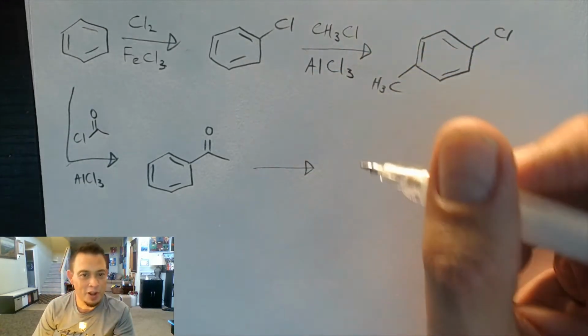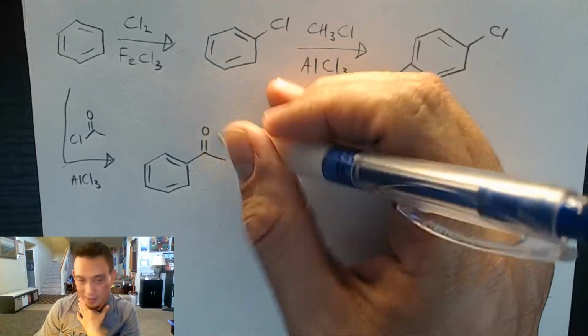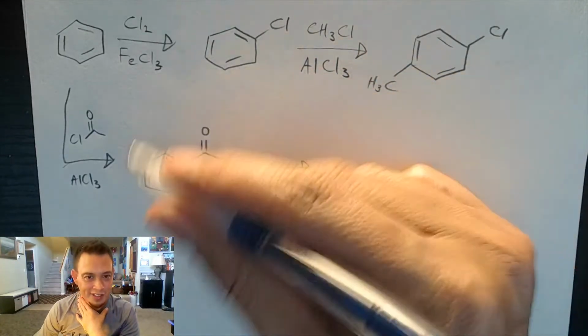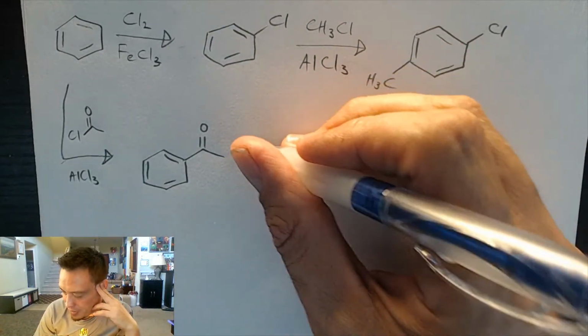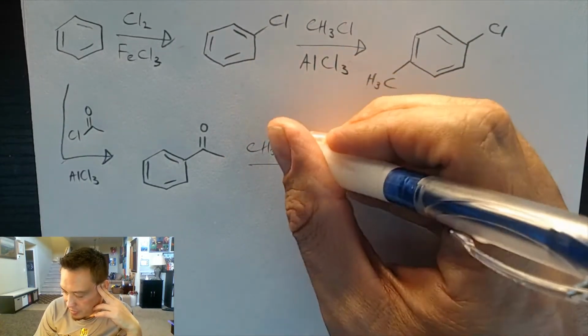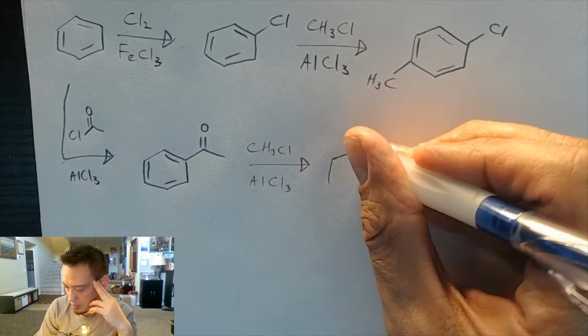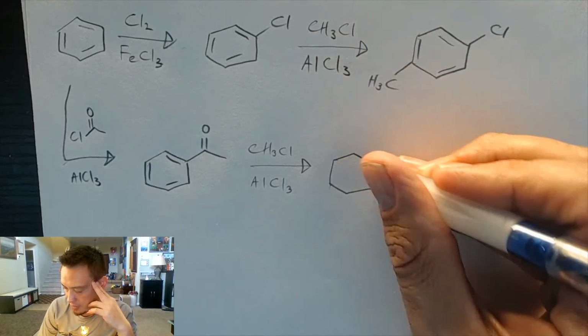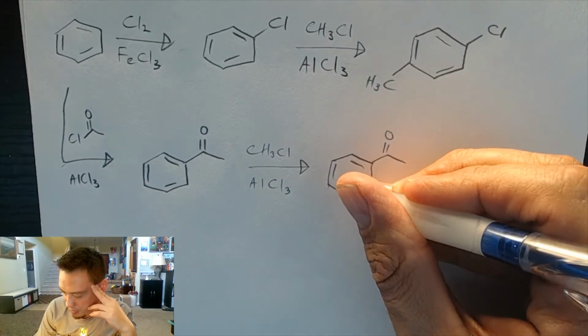But yeah, I was telling you before about how creative chemists are with naming. Acetyl, phenyl, acetophenone. Yep, very creative. Next step here is just that, and then we get that. Meta-methyl acetophenone.